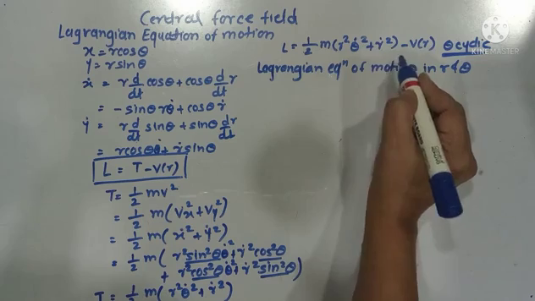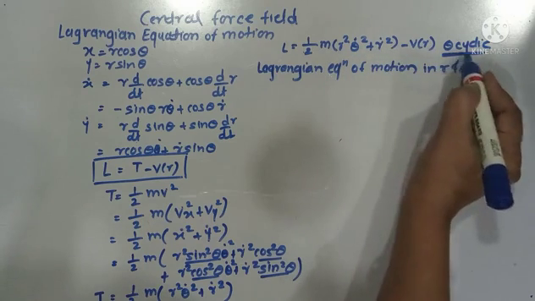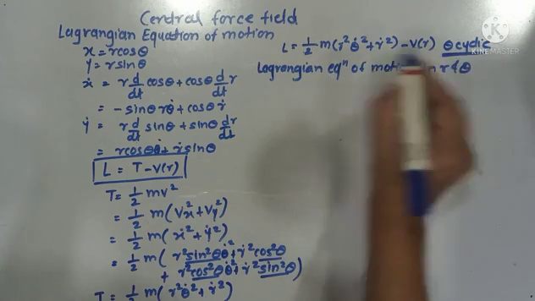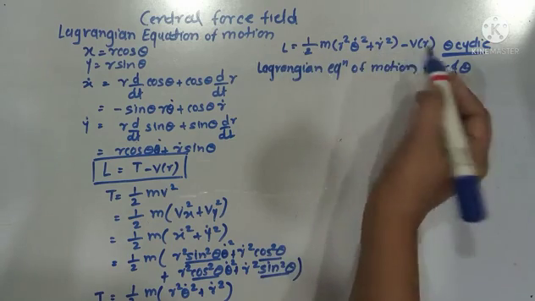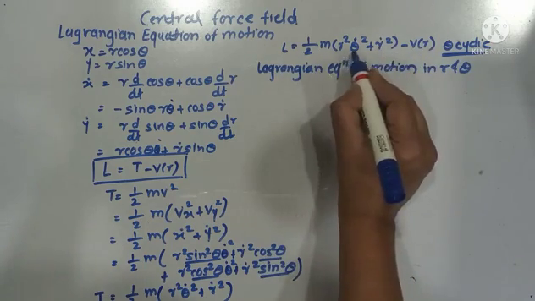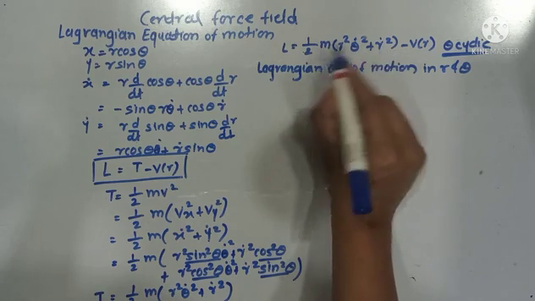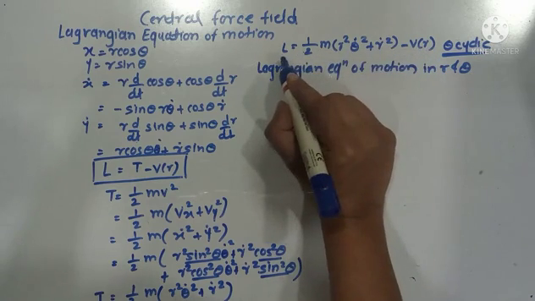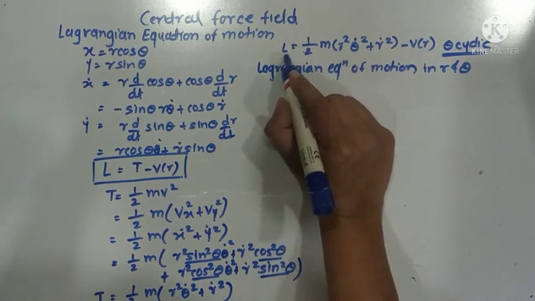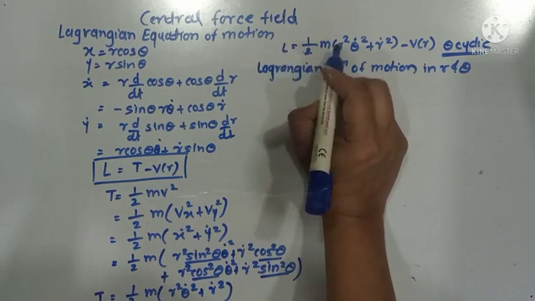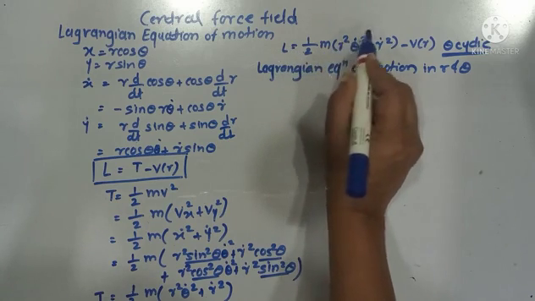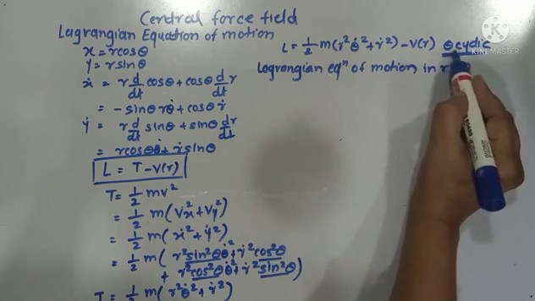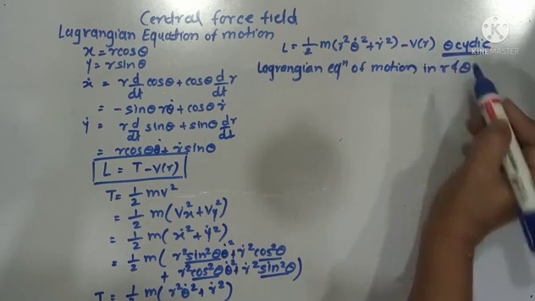For this Lagrangian in a central force field, theta is a cyclic coordinate. Theta dot is there, r is there, r dot is there, but we cannot see any theta term. Therefore this Lagrangian is independent of theta.